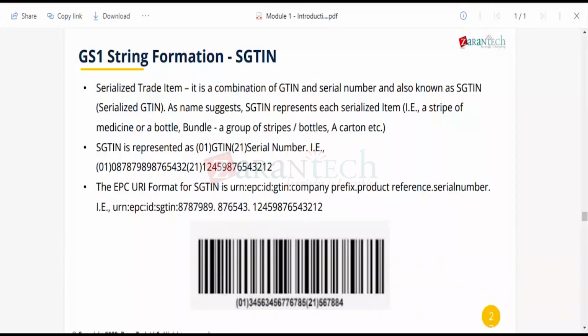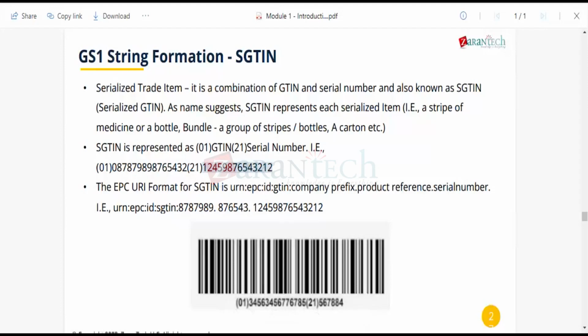Basically, we are breaking this GTIN and the serial number into three sections. The first section is your global company prefix, the second section is your material identifier, and the last section is the serial number. So both of the formats are valid. In both of the formats, the information we are getting is the global trade item number and serial number.